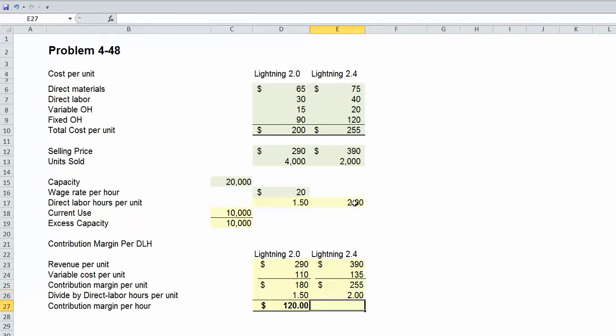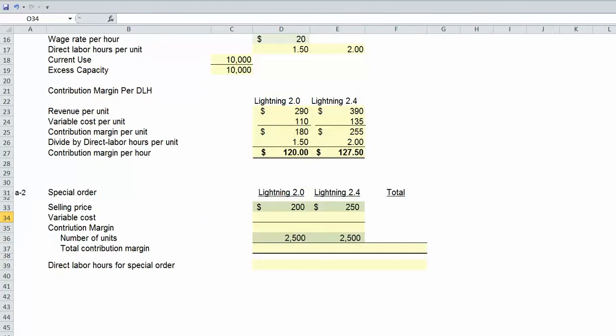Since it takes us 2 hours to make, our contribution margin per direct labor hour is $255 divided by 2, or $127.50 per direct labor hour. If faced with a choice on which product we would cut back first, we would cut back the Lightning 2.0, since we earn a lower contribution margin per hour of our constrained resource.